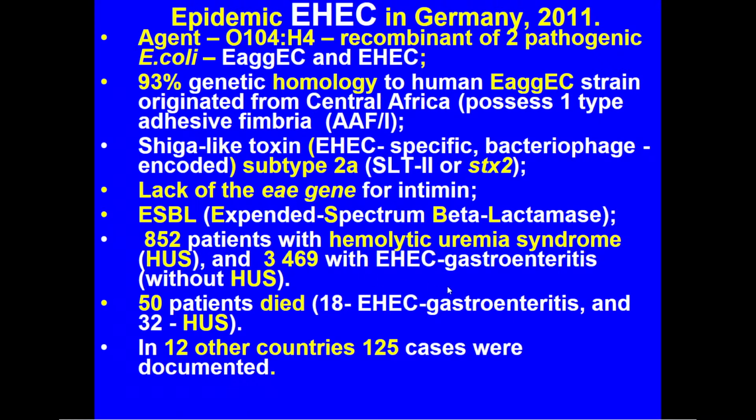In this epidemic, 850 patients were under very severe conditions with hemolytic uremic syndrome, and altogether 3,500 had enterohemorrhagic gastroenteritis, and 50 patients died of the hemolytic uremic syndrome. It occurred in 12 countries, and altogether 125 cases were documented, and a lot of them had been missed.